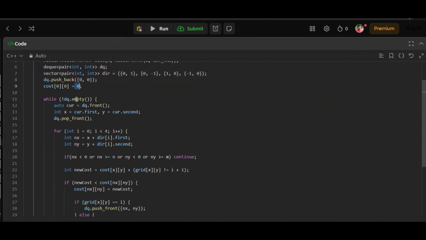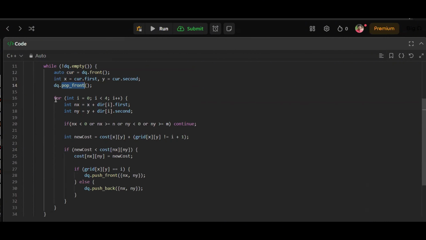Now, while the deque is not empty, we are storing the front element of the deque into a current element. This is the BFS. And here, the coordinates x and y are being calculated. After that, we have to remove the front element of the deque. Now, we have to iterate over its 4 directions, and we have to calculate the new x and new y.